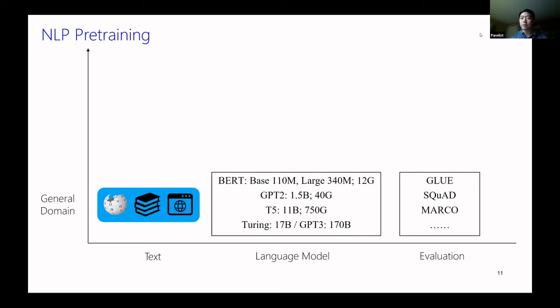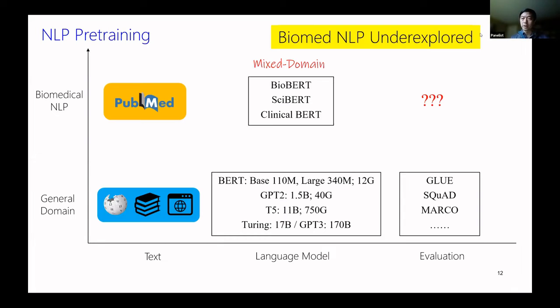Pre-training has attained spectacular success, but most existing work has been focusing on the general domain, such as newswire and the web. And there is fierce competition in trying to scrape ever larger text corpora to train ever larger models. When we look at biomedicine, on the other hand, the biomedical text is very, very different.